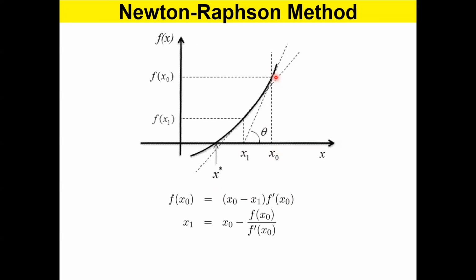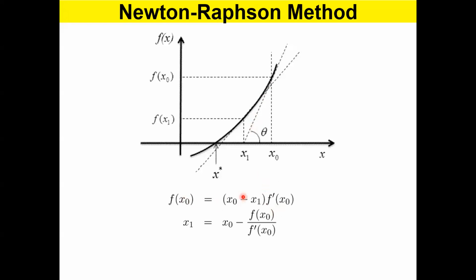So the tangent here is basically f dash x at x equals x0. So we call it f dash x0. Because you know the function fx, you can calculate f dash x. You just have to differentiate. So you know both functions, fx and f dash x. Then you can substitute any value and evaluate the function and the gradient.